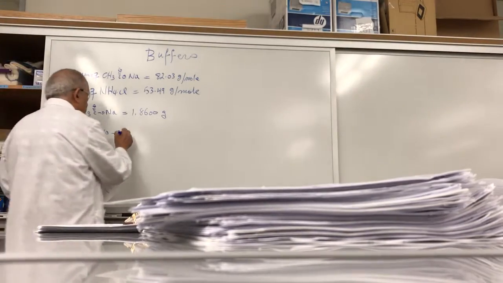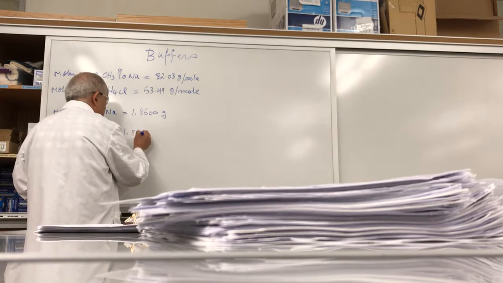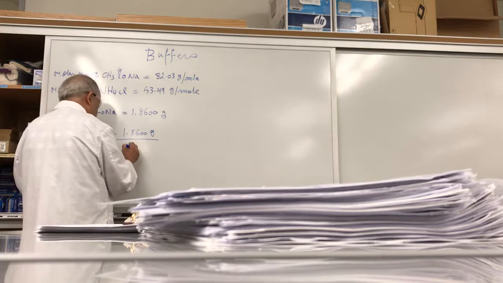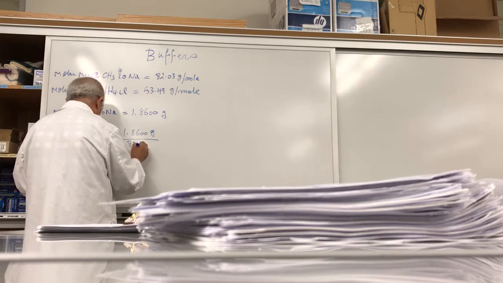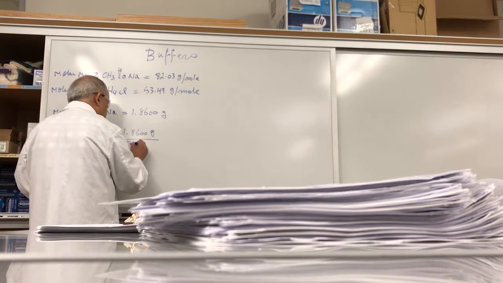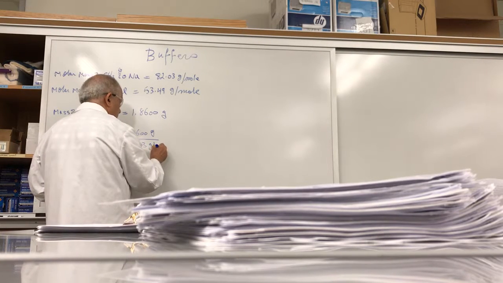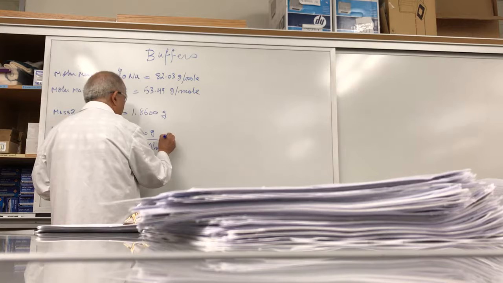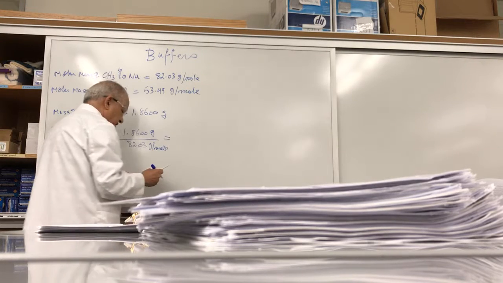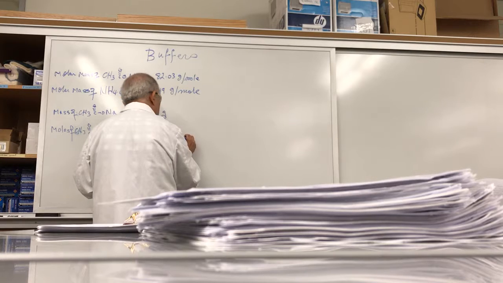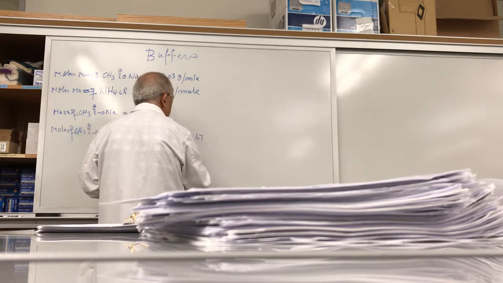So it will be 1.8600 grams divided by 82.03 grams per mole, and the number is 0.02267 moles.